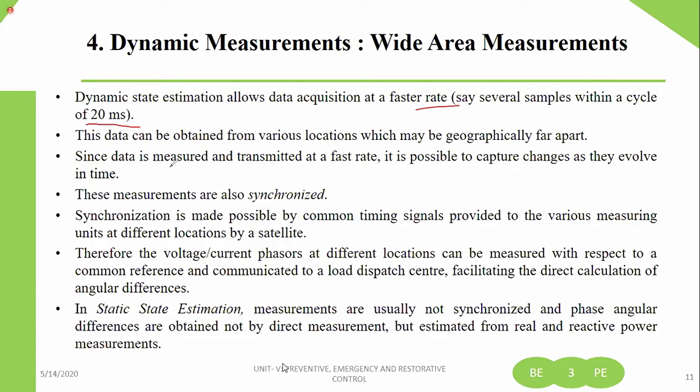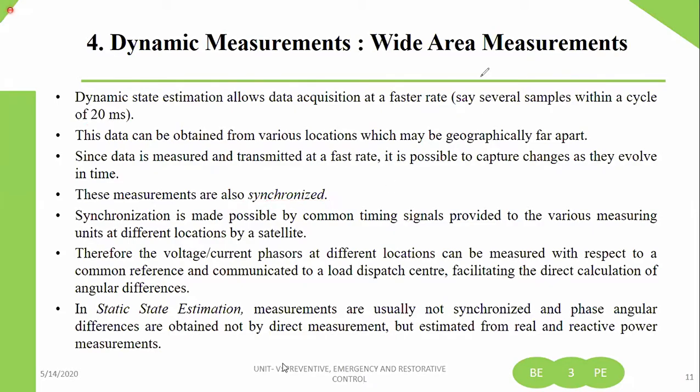Since data is measured and transmitted at a faster rate, it is possible to capture changes as they evolve in time. What changes take place within a second, it will be able to capture. These measurements are also synchronized, and this synchronization is made possible by a common timing signal to various measuring units at different locations via satellite.